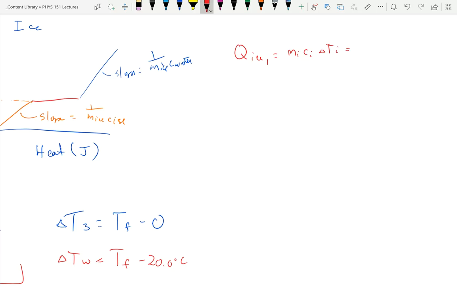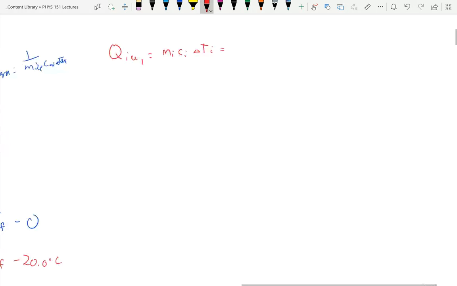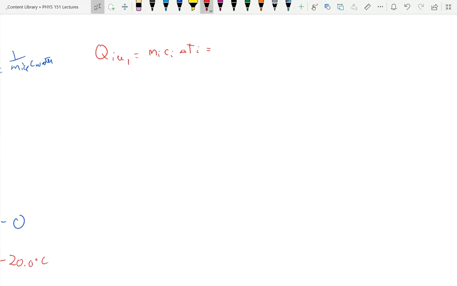I'm actually going to put numbers in here because this is the one time in life where I find it easier to put in numbers. 100 grams times 2.090 joules per gram degrees Celsius times 0 minus a minus 5.00 degrees Celsius. If I multiply all of that through, 500 times roughly 2, it's just a little bit bigger than 1,000, but what is it? 1045.